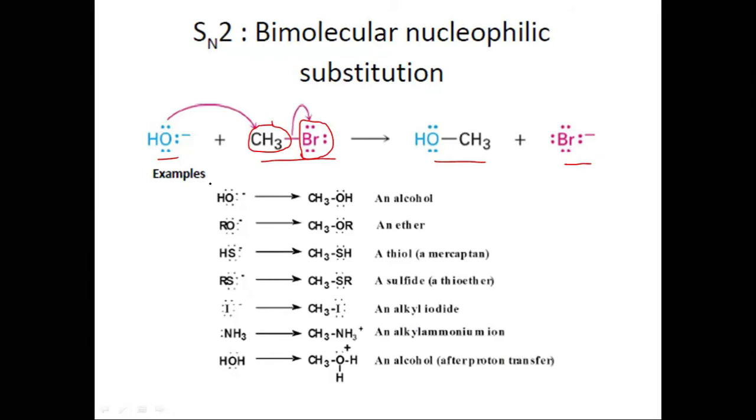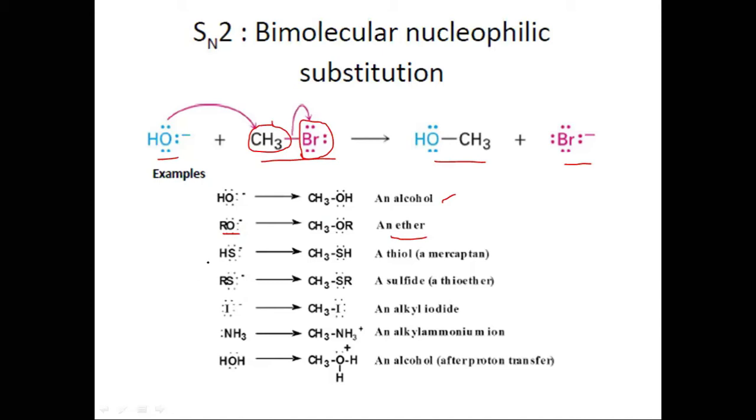Now, for the various examples: with the nucleophile OH minus and methyl bromide as a substrate, you will get an alcohol as a product. Instead of OH minus, if you use RO minus, then RO minus will also act as a nucleophile, attack the CH3Br, and CH3OR will be the end product, that is an ether.